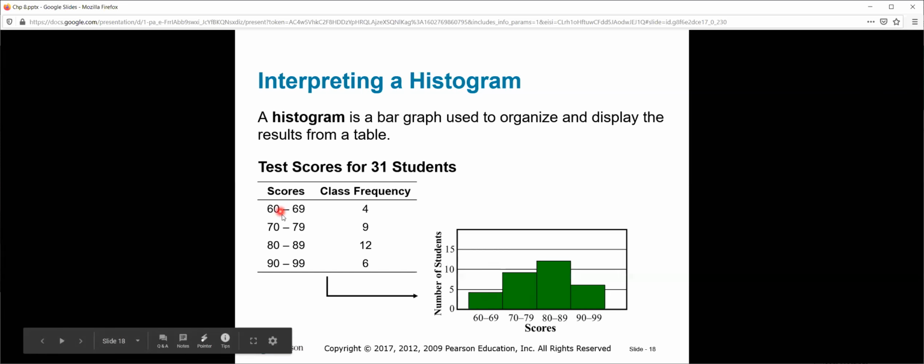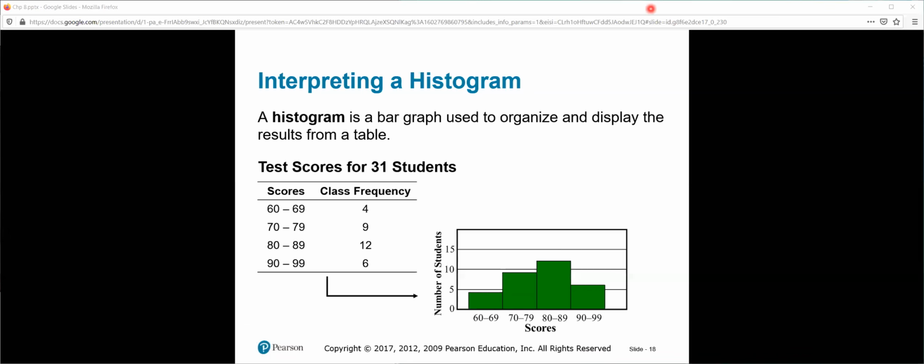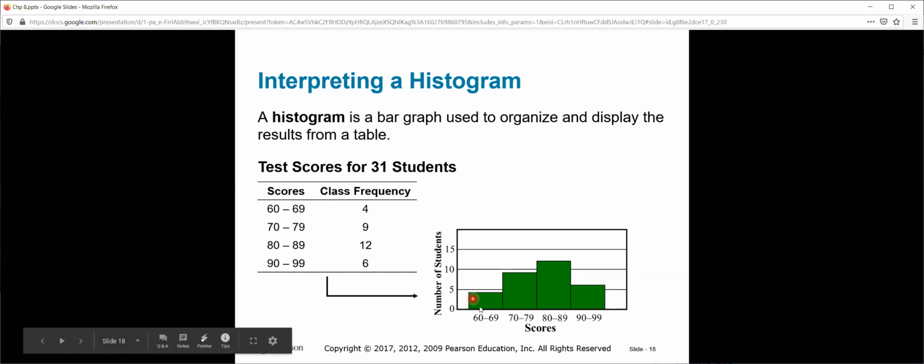There's a specific word for what this is called, and funny enough, it usually relates to coding. This is usually not in coding, but anyways, this particular group of scores is represented here. The individual scores are not what you care about for a histogram.